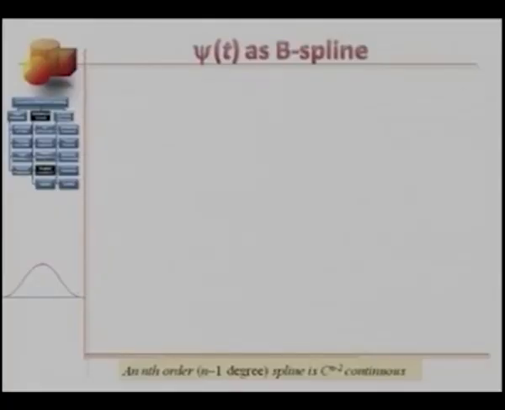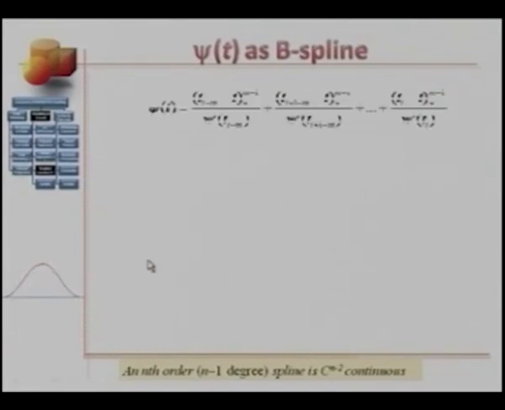Now, why is psi of t a B-spline basis function? Do you remember this bell-shaped function? We will see here that psi of t essentially shapes like a bell-shaped function. I have borrowed this equation from the previous slide. Psi of t equals (t(I minus m) minus t) truncated raised to m minus 1 over W prime at t(I minus m), plus (t(I minus m plus 1) minus t) truncated m minus 1 over W prime at t(I minus m plus 1).